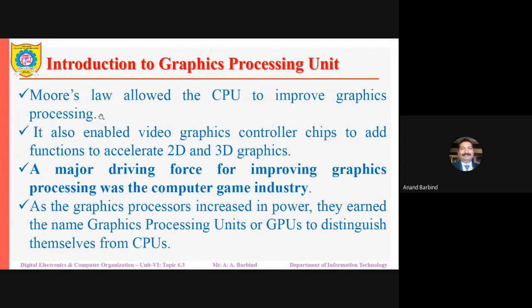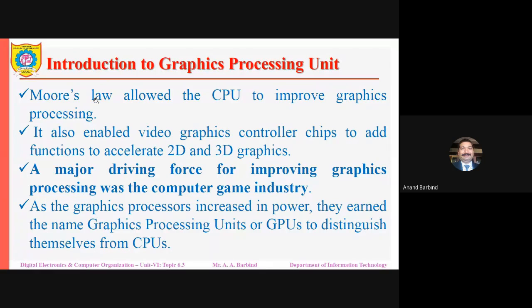Today also it is more or less applicable, and because of this we can see that day by day advanced processors are coming, and all these processors are integrating a large number of transistors into them.